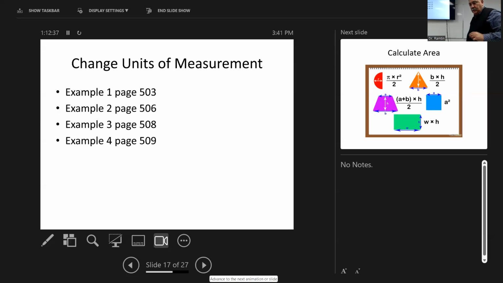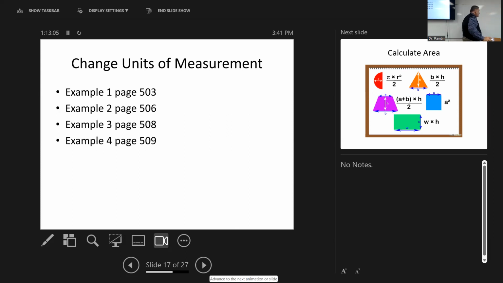So we have 40, what's the unit? Inches. We want to convert that to feet. And from that table, we know 12 inches is equal to 1 foot.